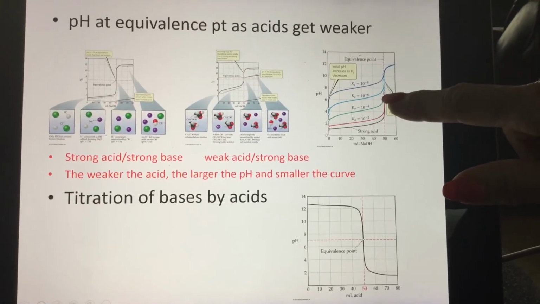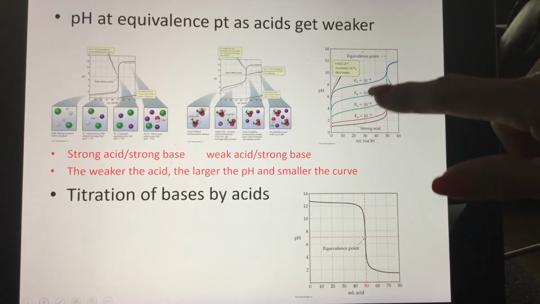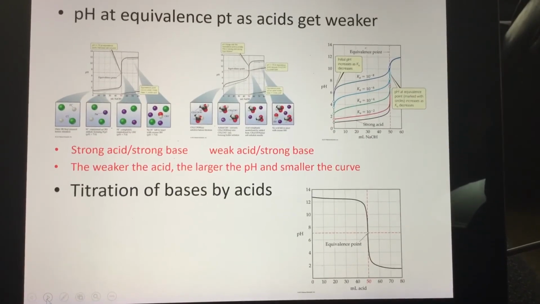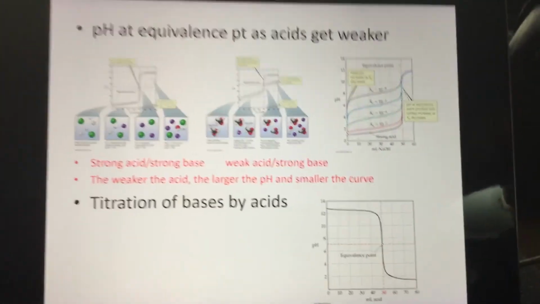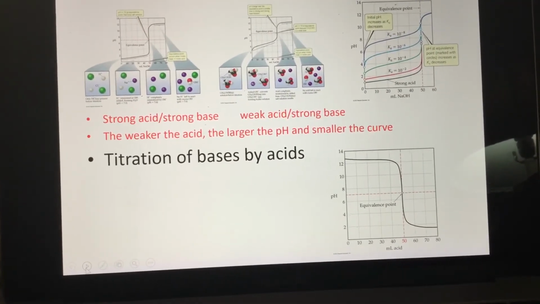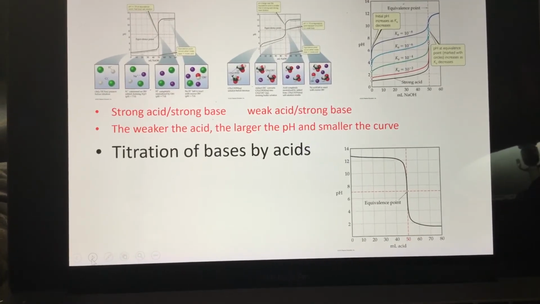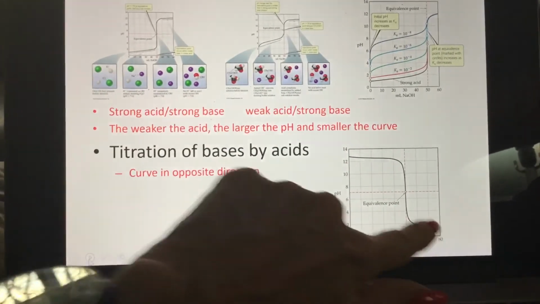So we're right at 7 for a strong acid, strong base. With each of the weaker and weaker acids, the larger the pH is at the equivalence point. Then again, we can flip everything around if we're going to put an acid in the burette and titrate a base. So we just swap out the titration curve.